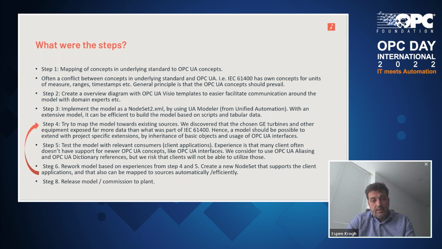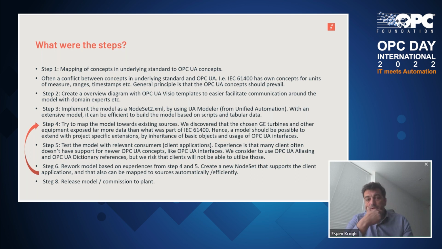The third step is to take the model and implement the node set XML file, using the excellent UA model from Unified Automation. And then often we also see that with an extensive model, it can be efficient to build a model based on scripts and tabular data. Then the important steps are steps 4 and 5: try to map the model towards existing sources.